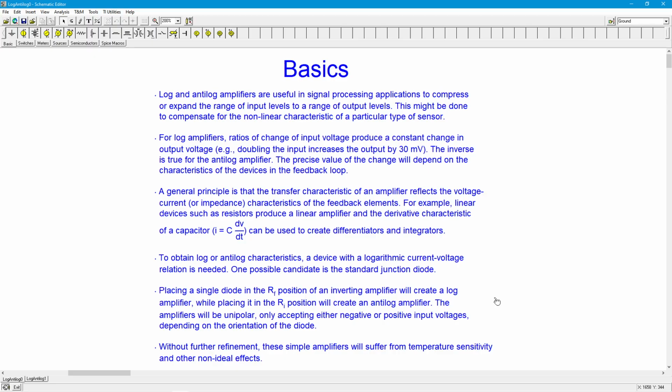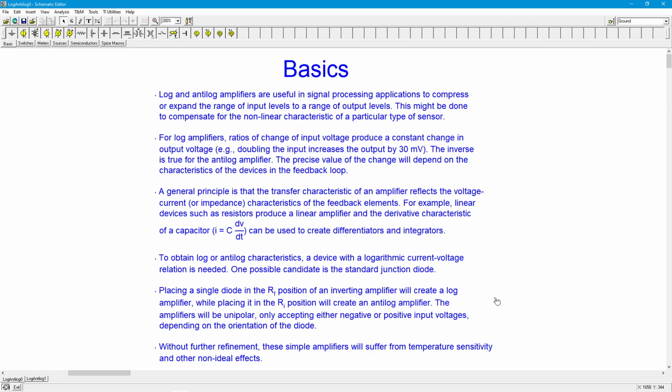On the other hand, if you were to use, let's say, a capacitor, which would have a current voltage characteristic that would be a derivative or an integral, depending on how you write it. So a derivative, you would say I is equal to C times dV/dt, the rate of change of voltage with respect to time.